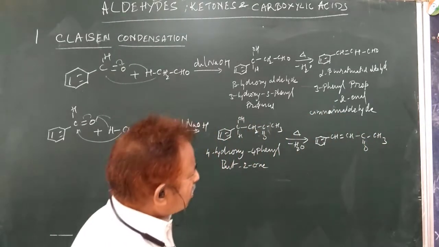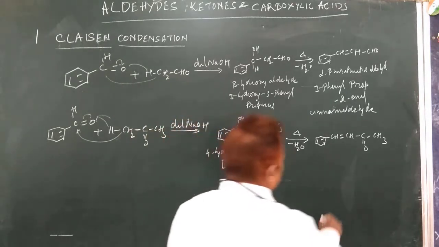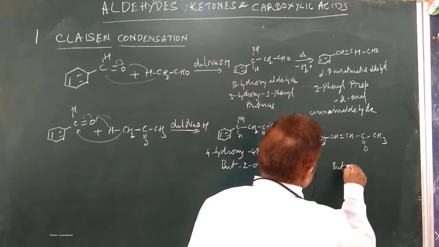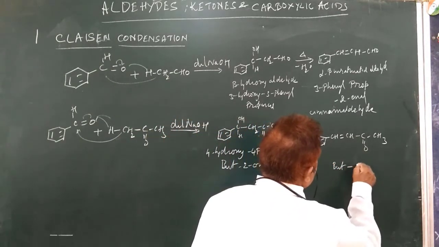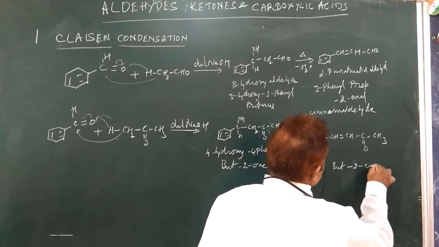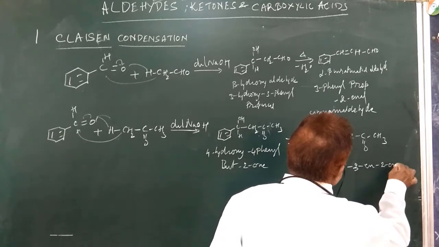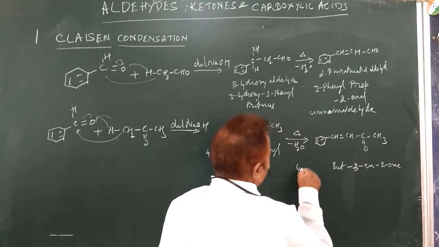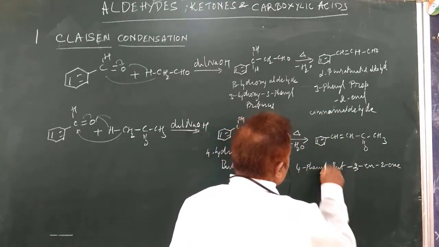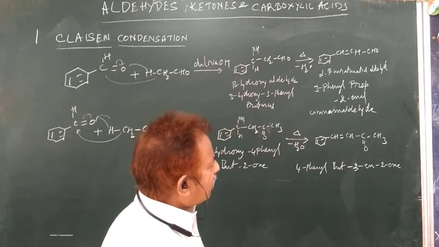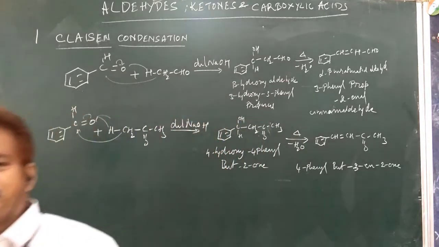What is this substance? The long chain has 4 carbon atoms, therefore it is a but. The double bond is present on the third carbon, the ketone on the second carbon, and the phenyl group is present on the fourth carbon. So this is 4-phenylbut-3-en-2-one.